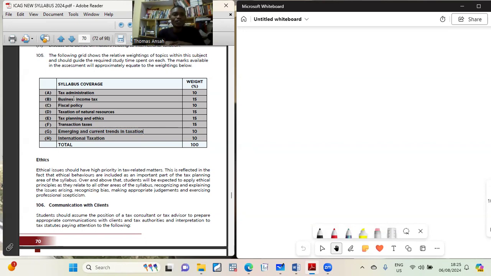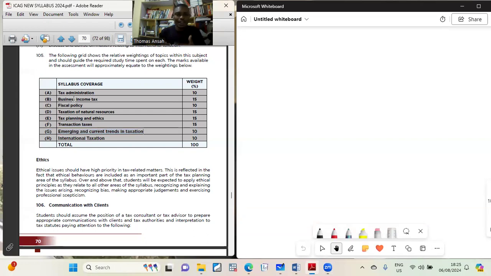So you cannot change a syllabus on a law like that. The law is already existing. So good news for you is that it is the same past questions you need to do over and over so that you can be prepared for the exam. That's all. So we will be going through that when we take each topic.